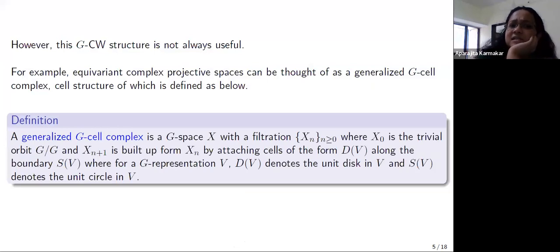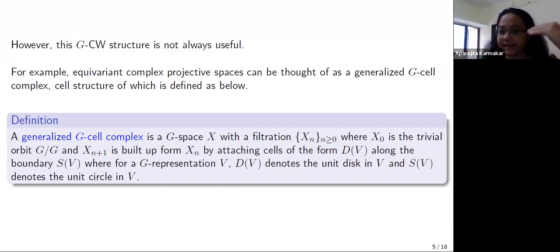However, this G-CW structure is not always useful. For example, equivariant complex projective spaces can be thought of as generalized G-cell complexes, and the cell structure is as below. So what is a generalized G-cell complex?